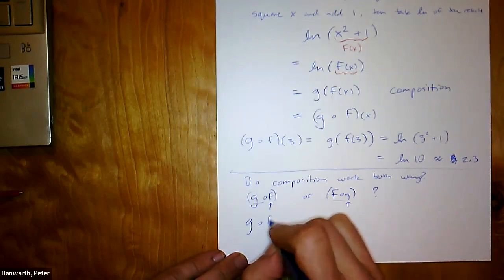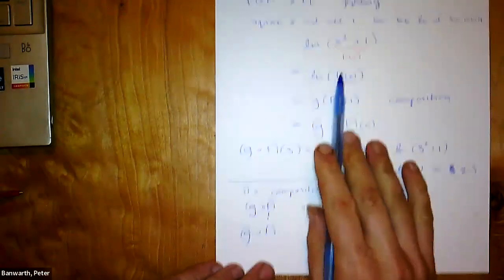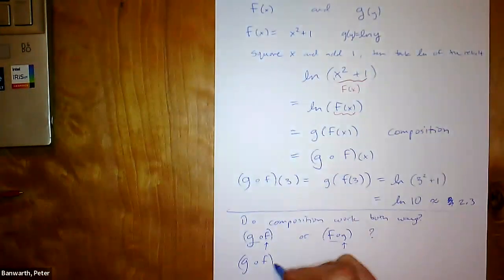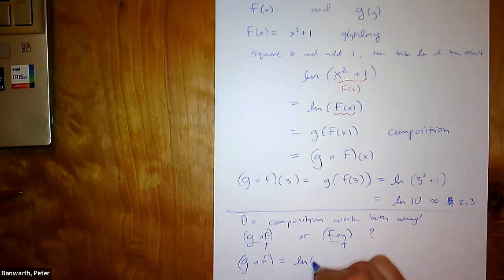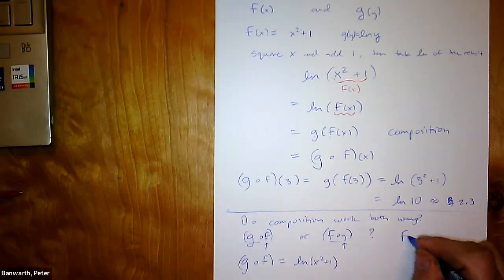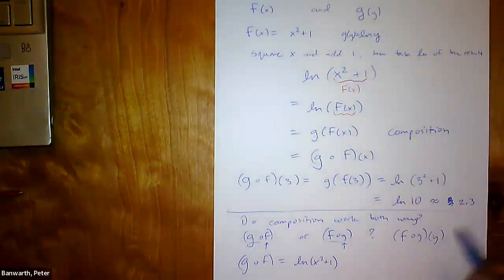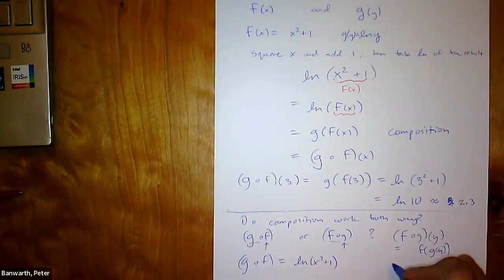So let's look at g composed with f. Based on this function, we already know that is the natural log of x squared plus 1. What about f composed with g? I'm going to insist, since I'm making this video, that I'm using the inputs associated with g, which are y's and not x's. That's g of y and then f of the result. G of y is a natural log of y, and then f squares it and adds 1.